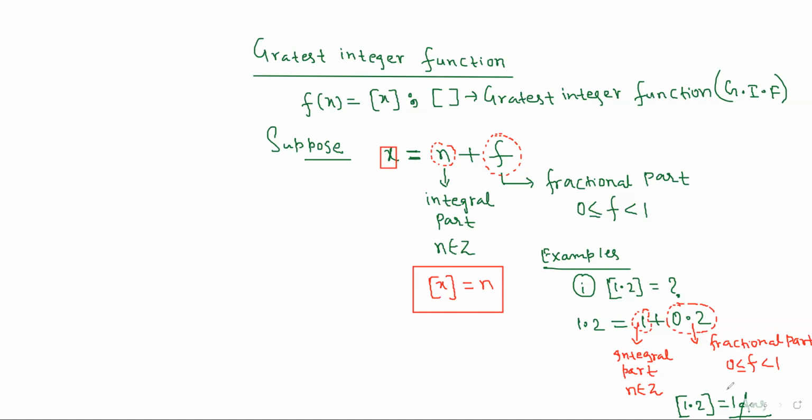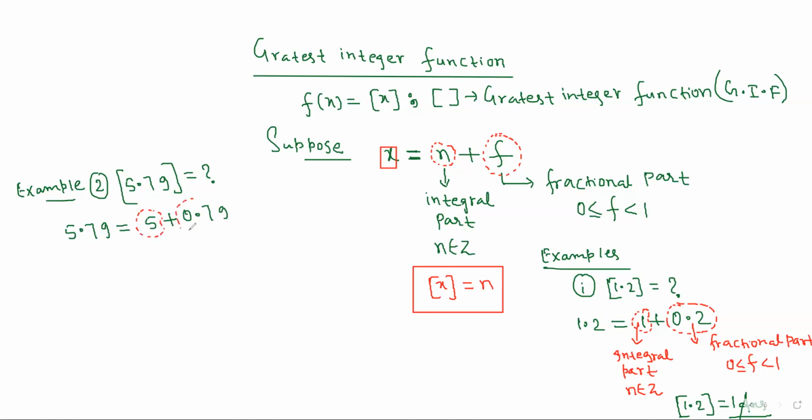Let us take another example. Example number 2. You have to calculate the greatest integer function of 5.79. Suppose 5.79 is written as integral part plus fractional part. 5 is the integer, so 5 is the integral part.